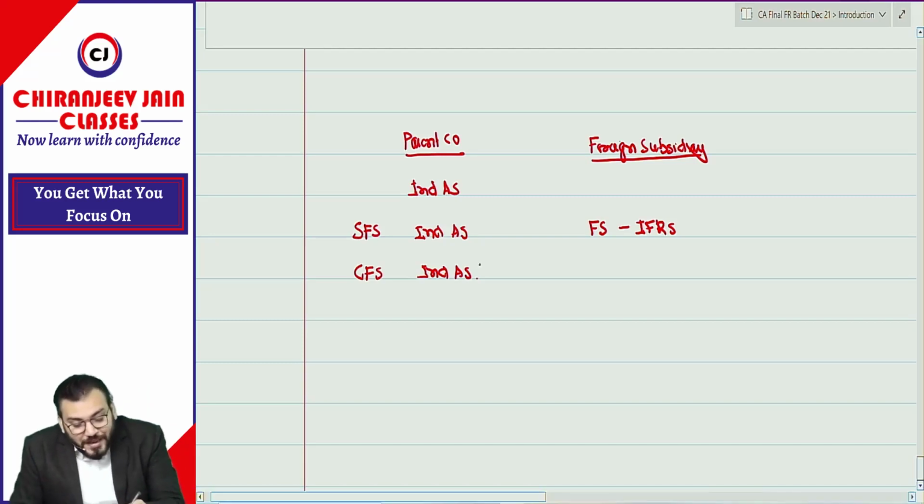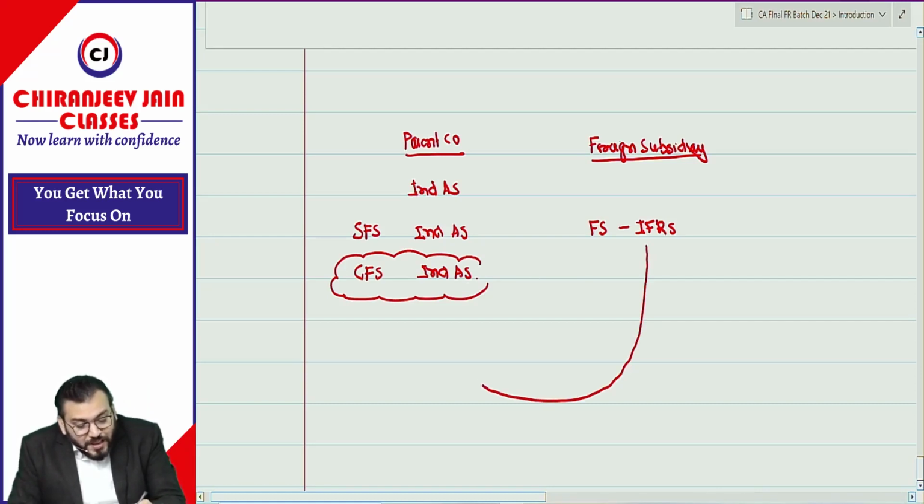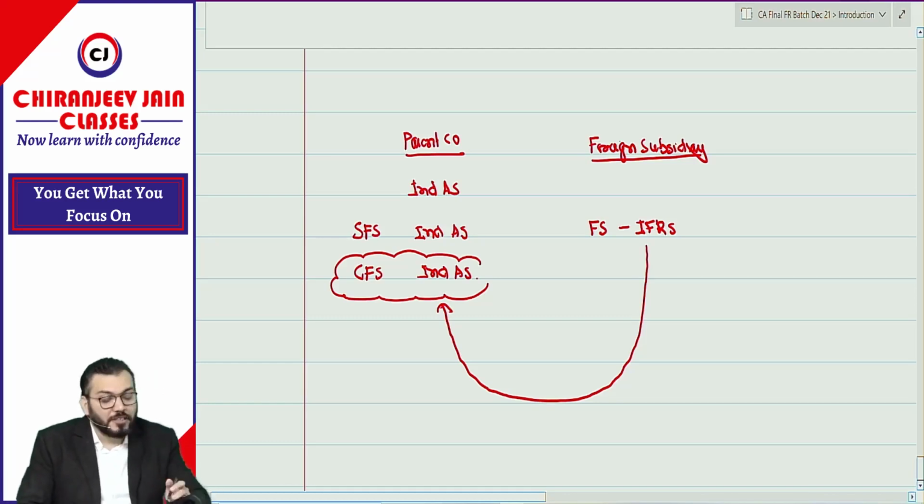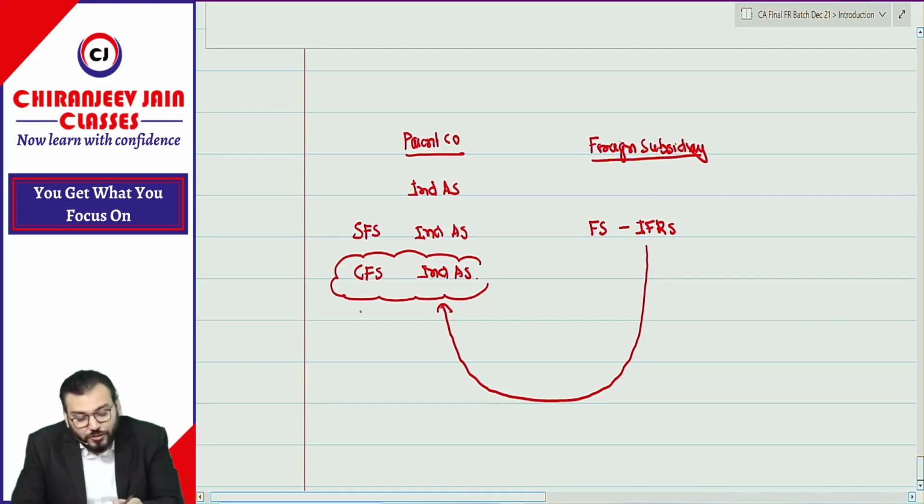But because the parent company needs to prepare consolidated financial statements, these financial statements should be consolidated in this statement. For this purpose, these foreign subsidiaries should provide their Ind AS financial statement information to them.